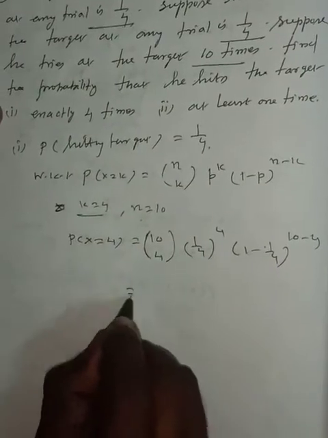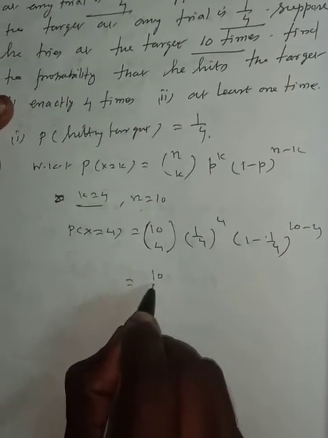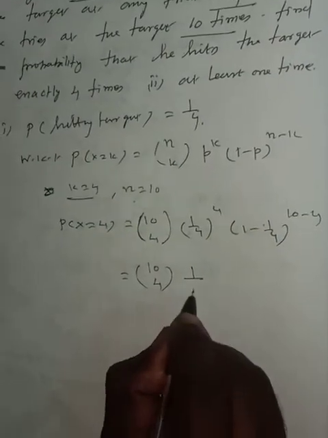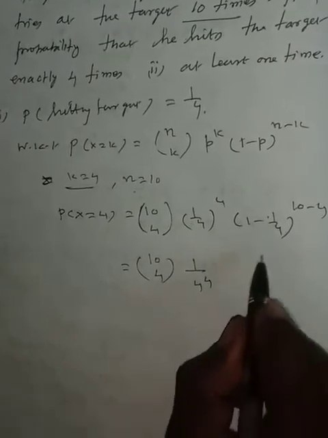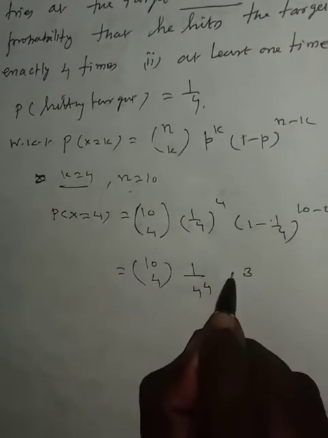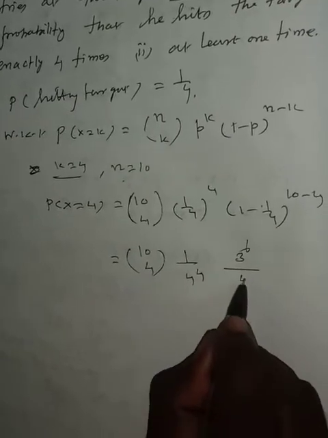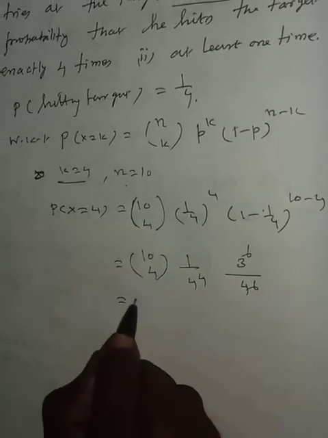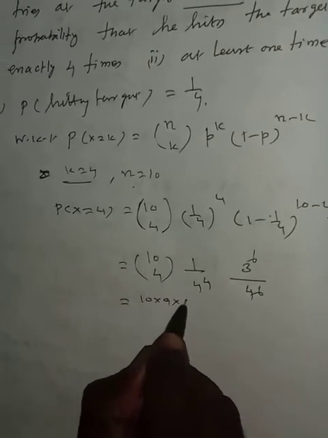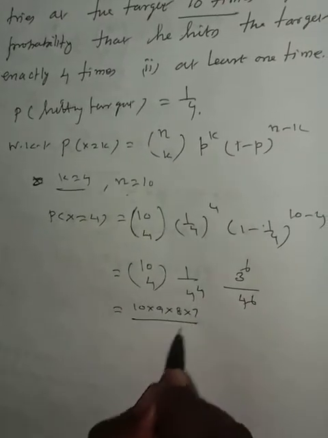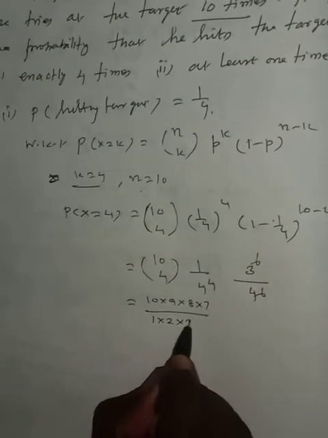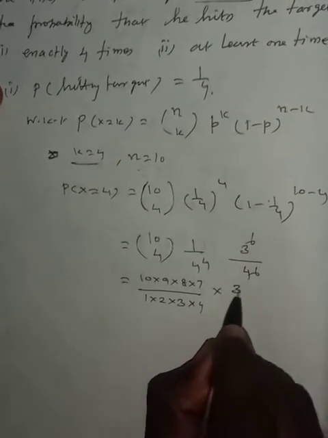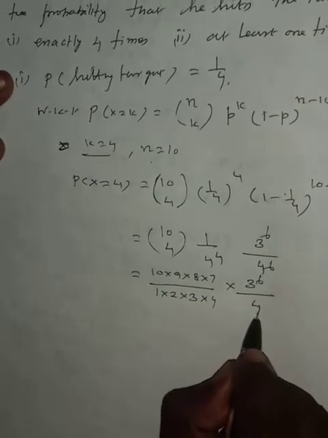Is equal to 10C4, 1 by 4 to the power of 4, taking LCM, 3 by 4 whole to the power of 6, divided by 4 power 6, is equal to 10C4, which means 10 into 9 into 8 into 7 divided by 1 into 2 into 3 into 4, into 3 to the power of 6 divided by 4 to the power of 10.